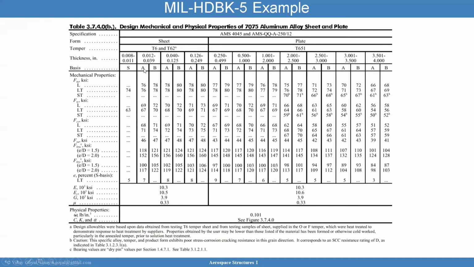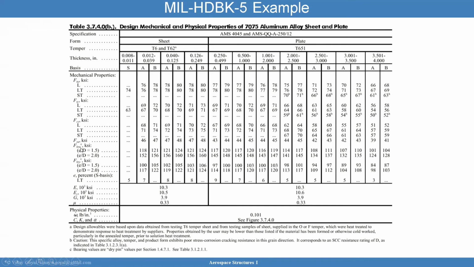You also will notice that the data is given in the L direction, LT, and ST. So a very important consideration. And so now what we have here is the tensile strength, the yield strength in all those three directions, the compressive yield strength, and then I can keep going on.